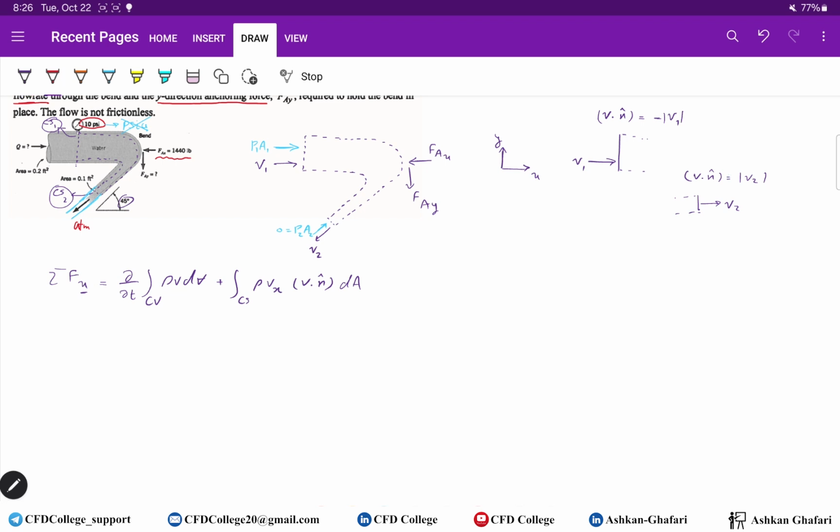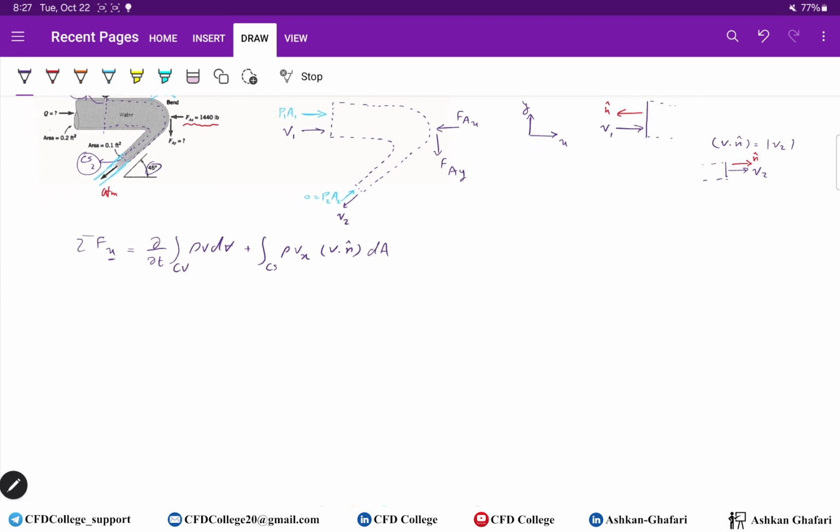And that's because here where we have inlet, the normal outward vector is in the opposite direction with respect to V. And here, oops, sorry, but at the outlet, the normal outward vector is parallel to velocity. Since we are working in a steady state, this term is 0.